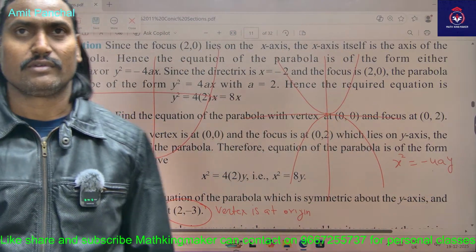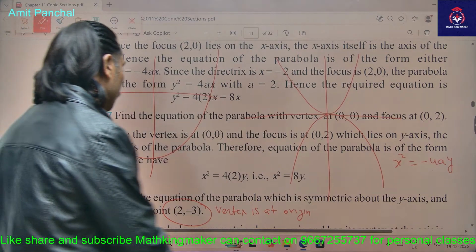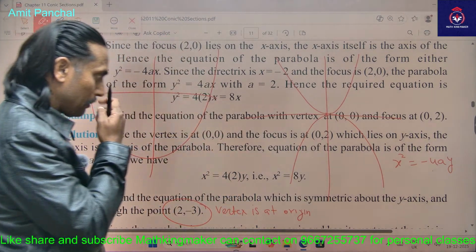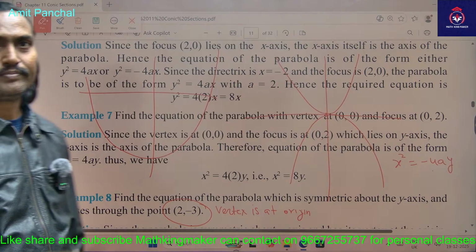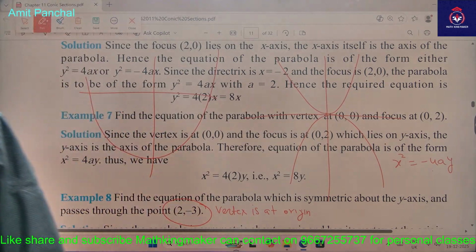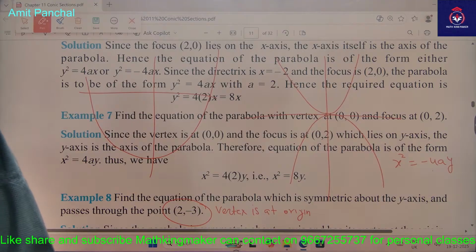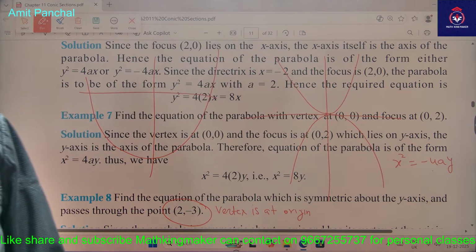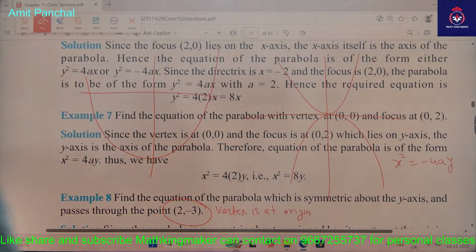Okay, so now we have to take those coordinates, put them in the equation, find a, and then find the equation, right? Yes. 2 square equals minus 4a times minus 3.